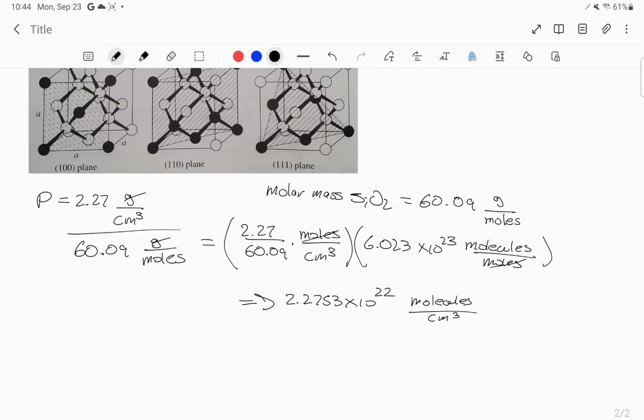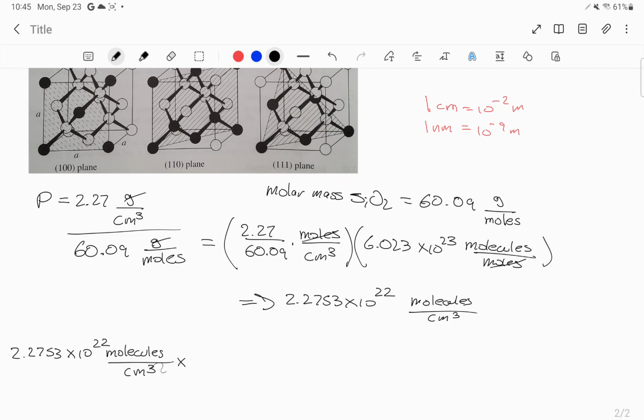Now, we want to go from this to nanometers. Molecules per volume. So we know that 1 centimeter is equal to 10 to the negative 2 meters, and we know that 1 nanometer is equal to 10 to the negative 9 meters.